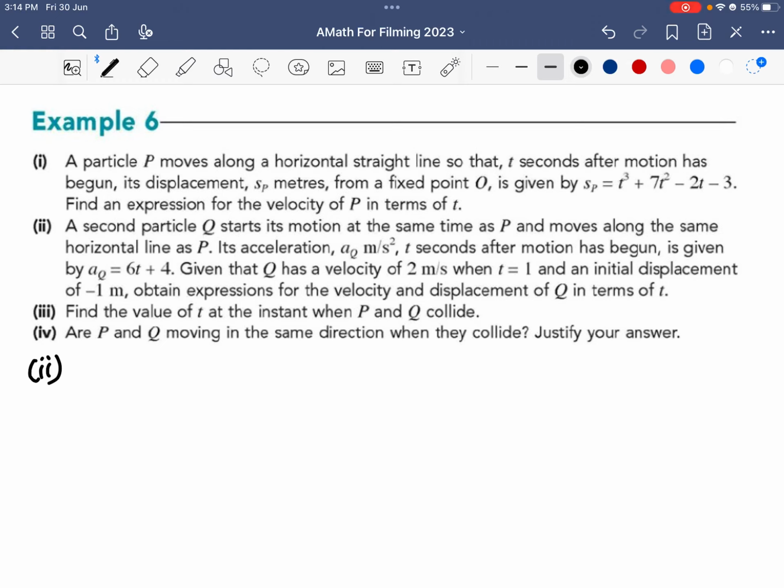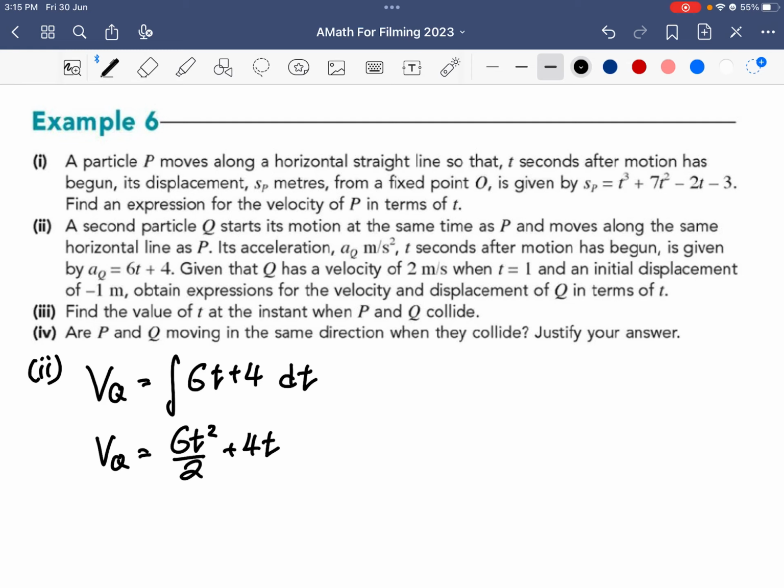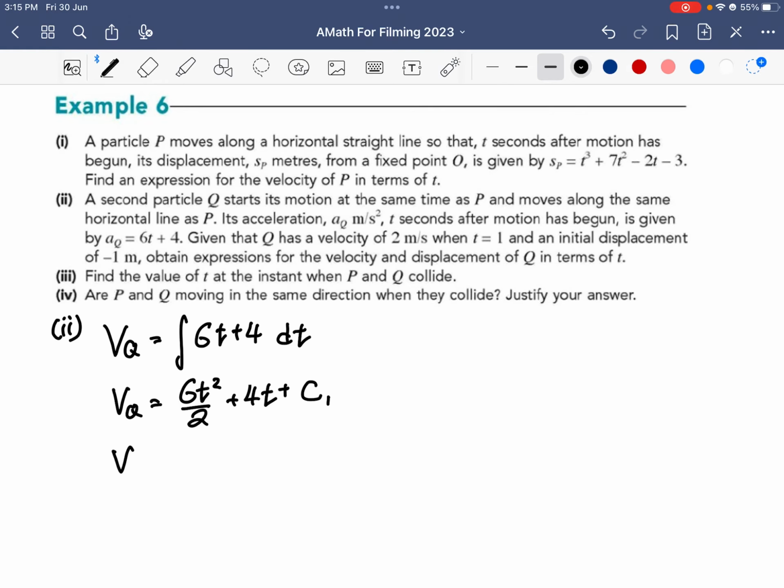From acceleration, to get back to velocity, I need to integrate 6t plus 4 with respect to t. In this case, I get 6t squared over 2 plus 4t. Don't forget our integration constant, our friend c. Let me call him c1. So the velocity of Q is given by 3t squared plus 4t plus c1.